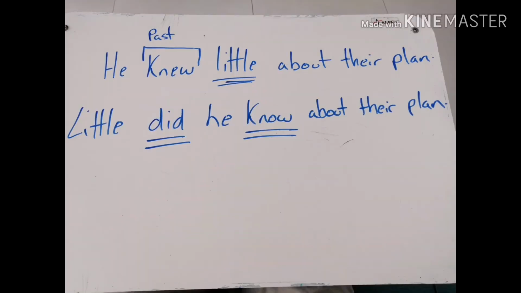Because we're working with the past tense in this case, we use the auxiliary verb did to create the inversion. Little did he know about their plan. Remember, the reason we use did is because normally for question structures in the past, we need the word did.